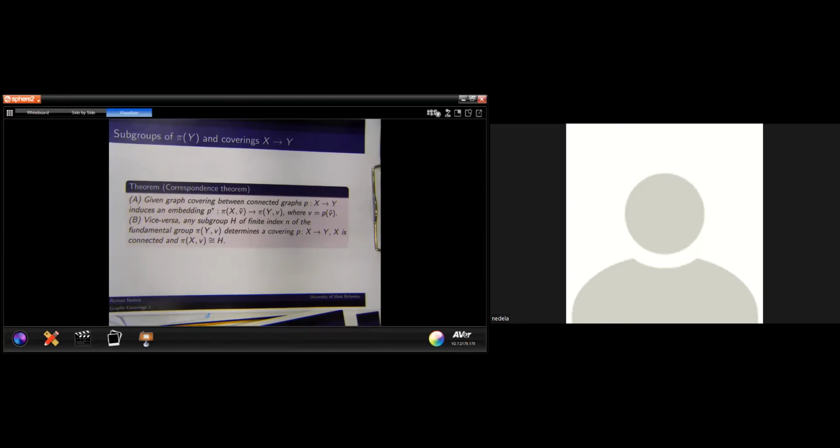Today I'm presenting a classical approach to graph coverings, because all these ideas and concepts are well known in algebraic topology. There is a correspondence between the subgroups of the fundamental group of the base graph and coverings over Y. And here is the correspondence theorem.